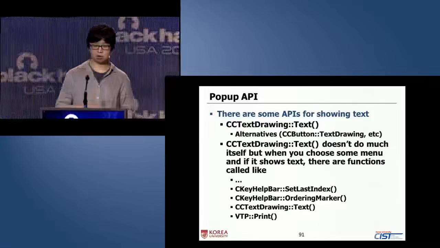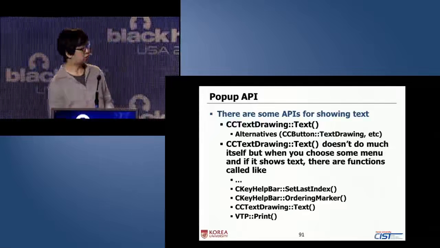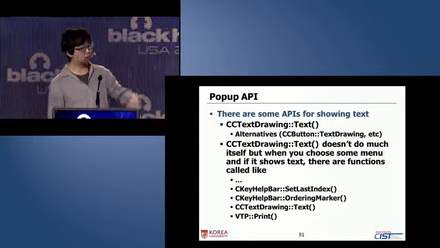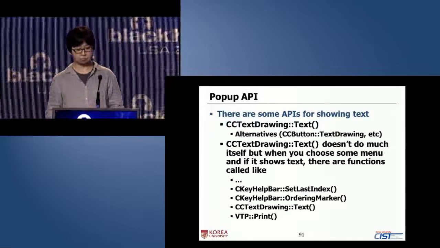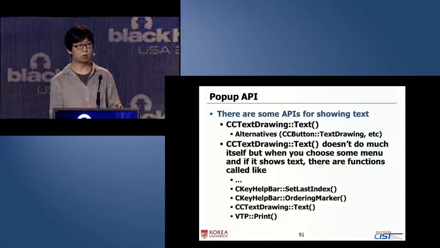So I again did reverse engineering of the binary and found some interesting functions. CC text is running text, and there are some alternatives to show messages on a smart TV.